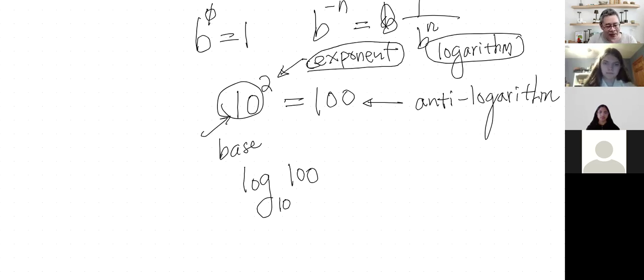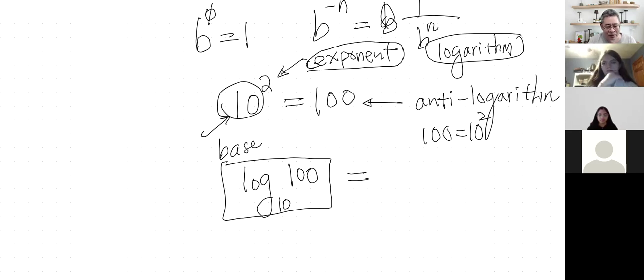This symbol just means that if we write 100 as an exponent of base 10, what is the exponent? Well, we know that 100 can be written as 10 to the second. So the logarithm of that is equal to 2. Good?